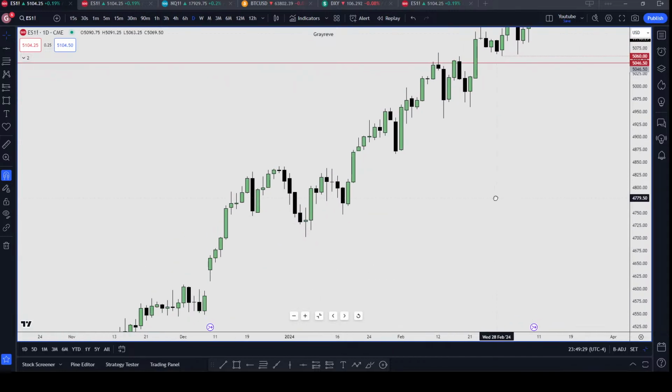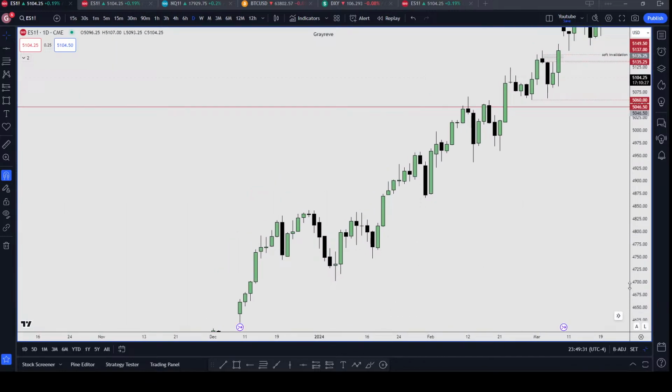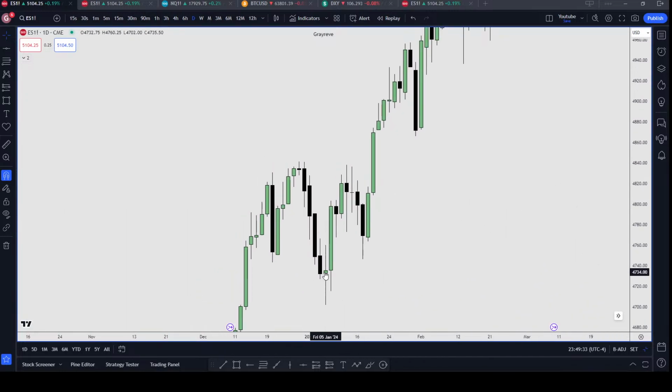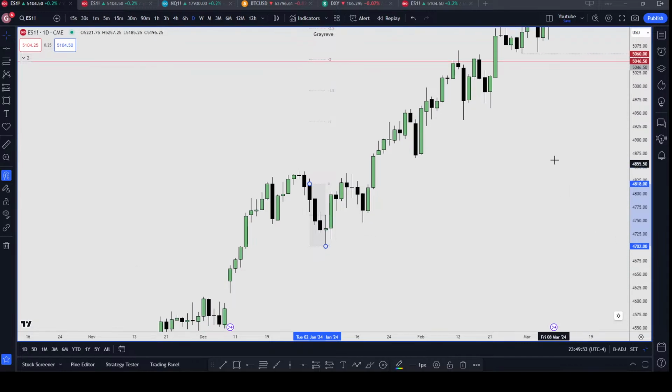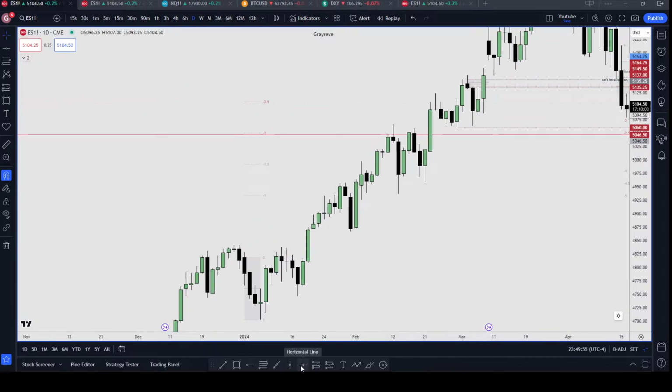Because if you can see, during the month of January, we have a large manipulation. This is January's low into January's open right here. This is a large manipulation, right? So if you anchor this fib from this low to this monthly candle here, we closed January around here, right? 1 to 1.5.